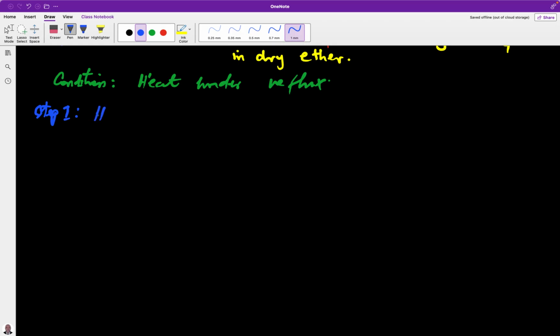Potassium cyanide is going to give us the cyanide ion in ethanol.